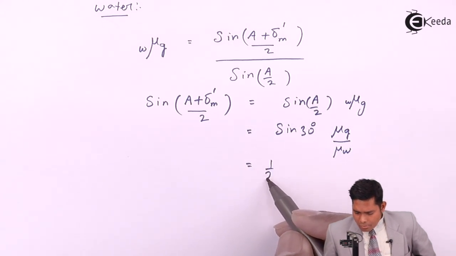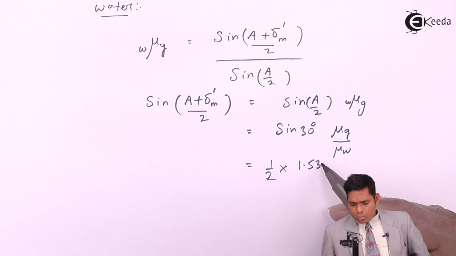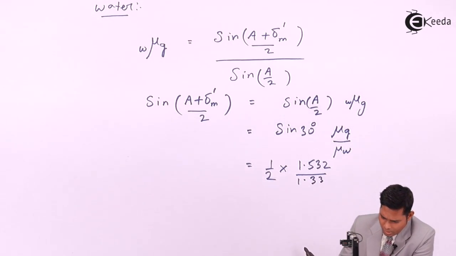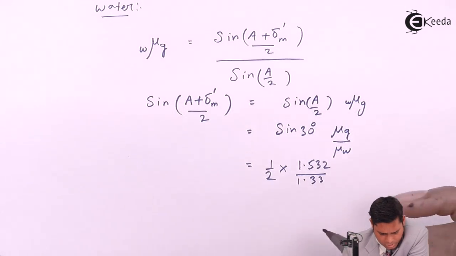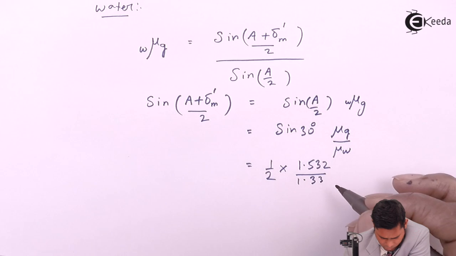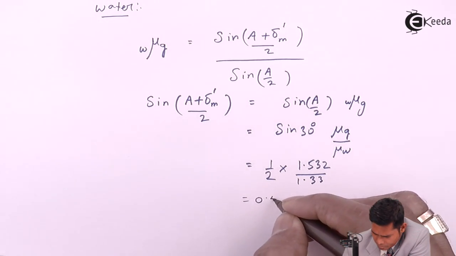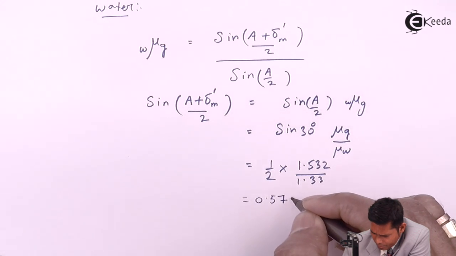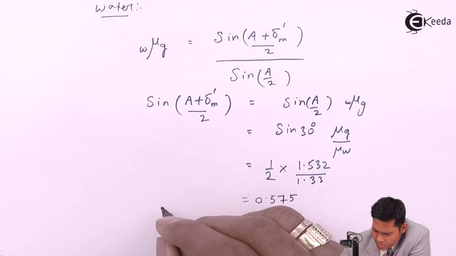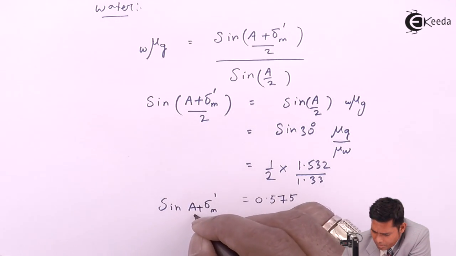So this is half into refractive index of glass, we already calculated 1.532, divided by 1.33. This comes out to be 0.57, nearly 0.575 or 0.576. This is the value for sine of (A plus delta m prime) by 2.